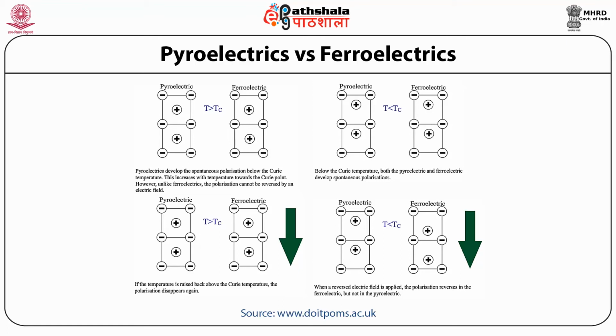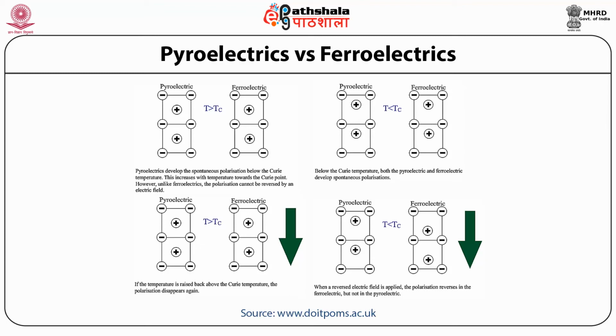A change in temperature below the Curie temperature leads to the creation of a dipole along the polar axis by slight movement of atoms from their neutral positions, which is shown in this figure. A reverse electric field can reverse the direction of polarization in a ferroelectric but not in a pyroelectric material. However, when the material is heated above the Curie temperature, the atoms come back to their equilibrium positions.